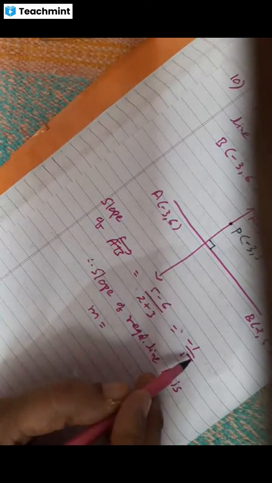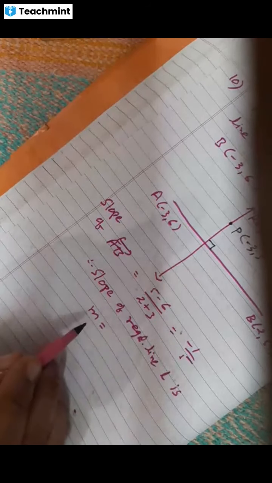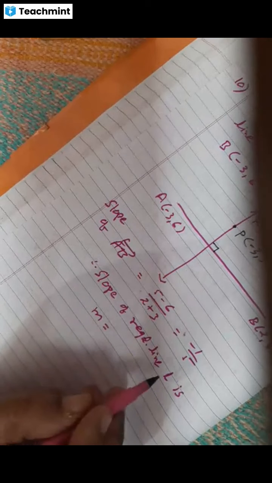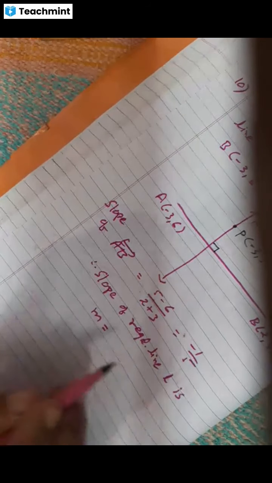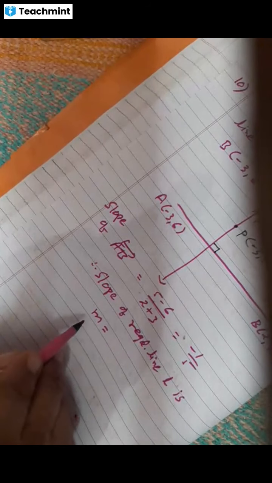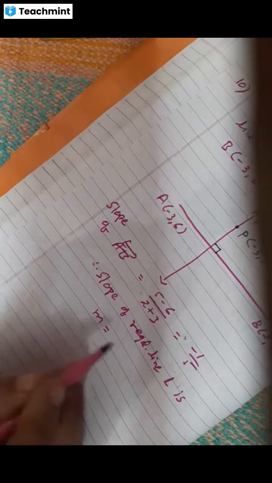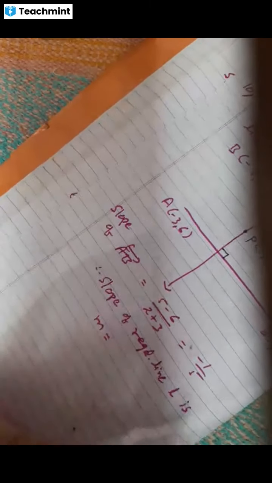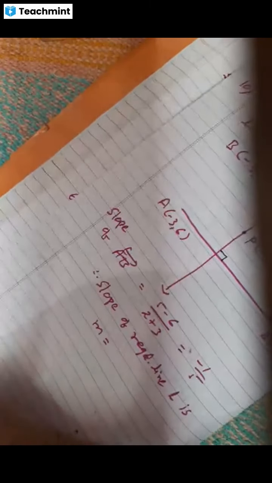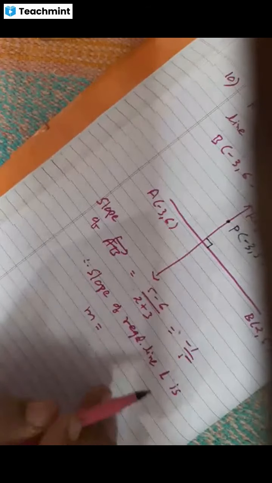This slope also I could have called m, but I did not give it a name; I am naming the required line's slope because that is the slope we need. So I gave it a notation, and I did not give this slope a notation. All that we have to take care of.